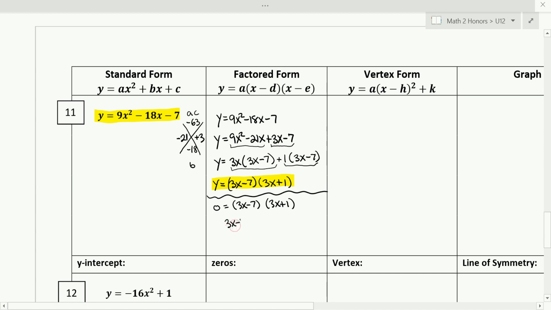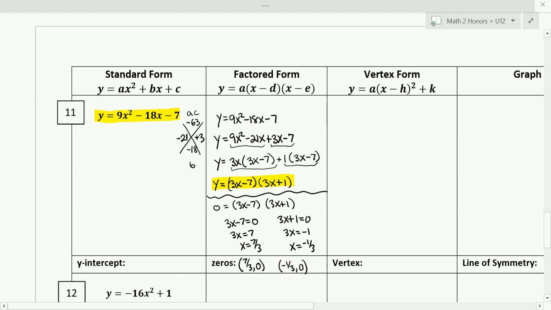So 3x minus 7 equals 0, and 3x plus 1 equals 0. So we get 3x is 7, so x is 7/3, and x is negative 1/3. So one of my zeros is 7/3, comma 0, and the other one's going to be negative 1/3, comma 0.